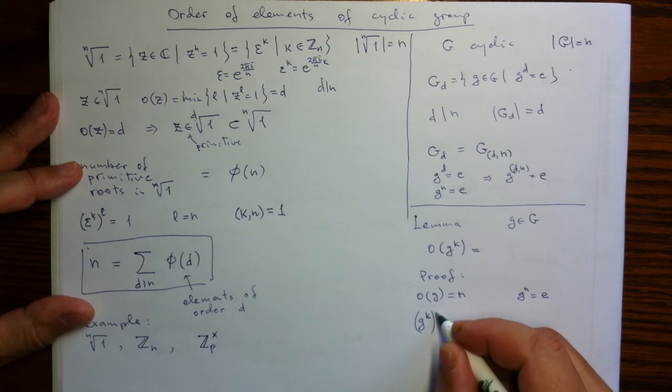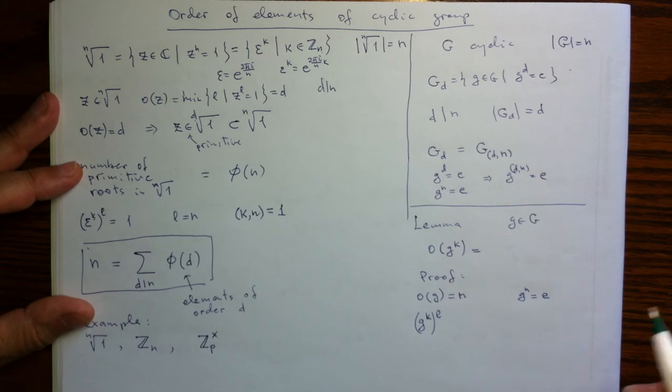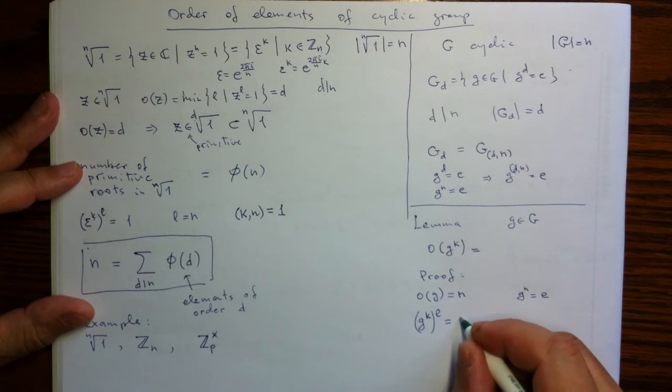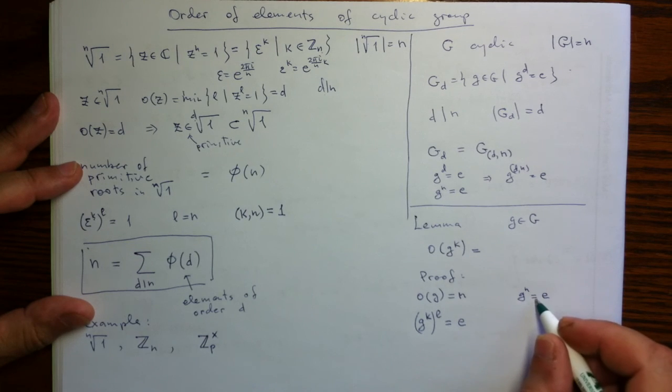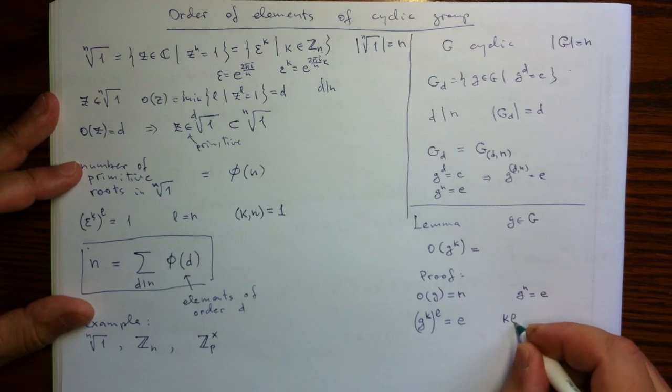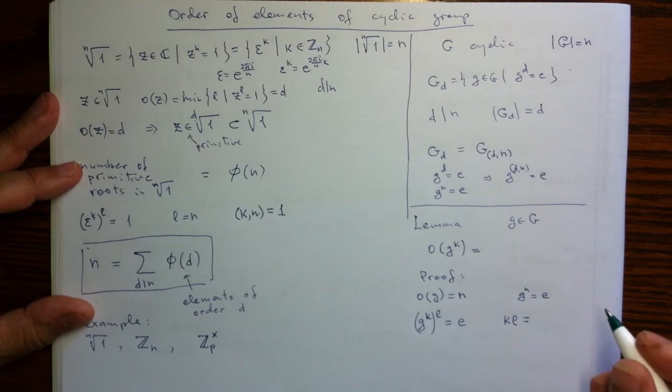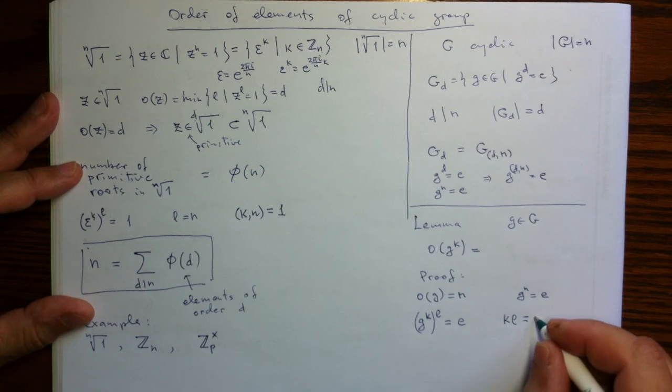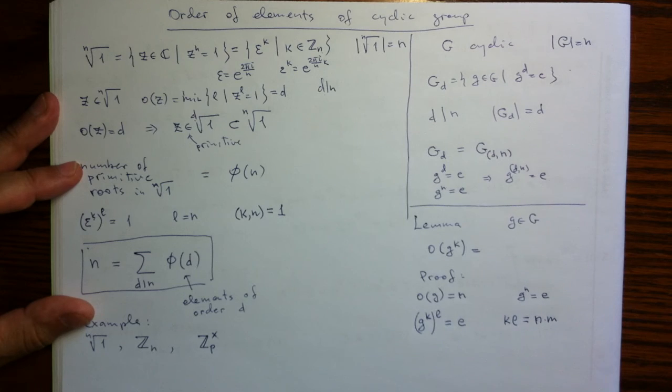Well, again, we want to find the first l such that this is the identity, but that can be the identity only when it is some power of g to the n. So we have the numerical condition that the product k times l is a multiple of n. So what is the smallest solution for l for this equation?